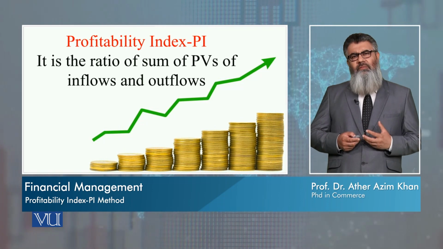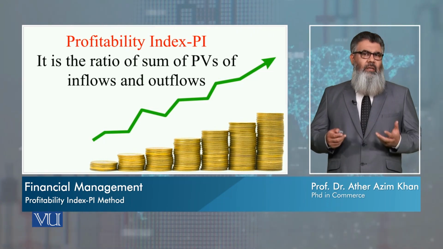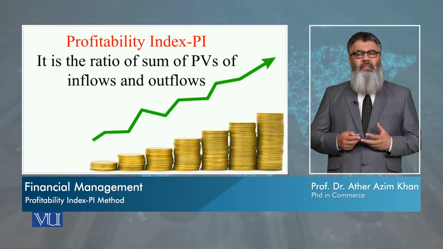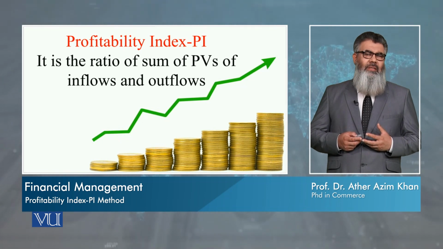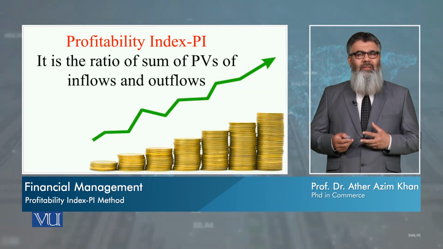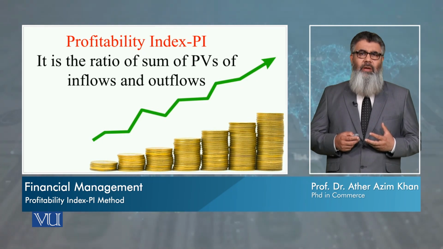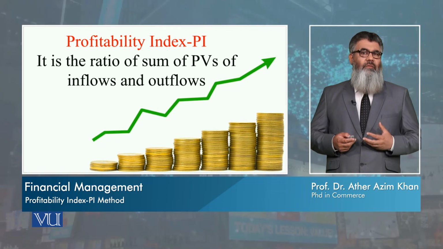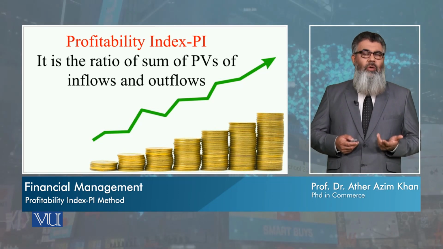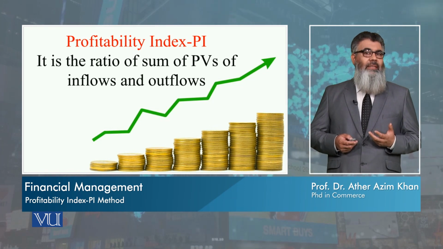So net present value gives us a dollar or a rupee value, and we have certain criteria of acceptance and rejection. In profitability index, instead of subtracting the outflows from the inflows, we actually develop a ratio. That is, we divide the inflows with the outflows. So we come up with a certain value which may be equal to 1 or more or less than that.